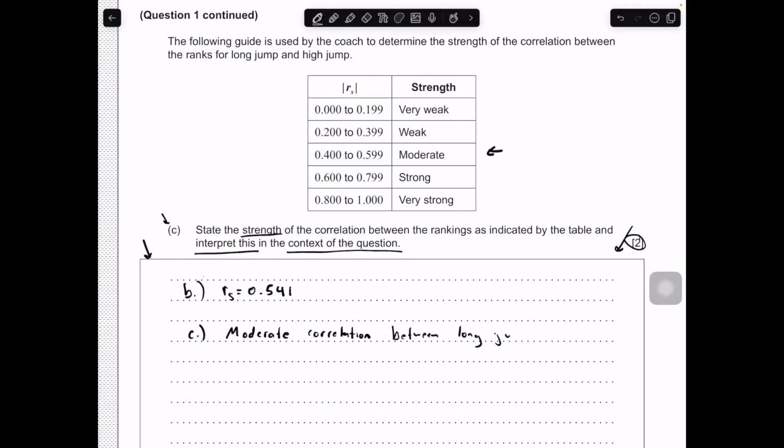For a 2-mark question, make sure to read the question carefully, and if it asks you to interpret this in the context, it's not enough to simply write moderate. That would be A1, one mark, but not two.